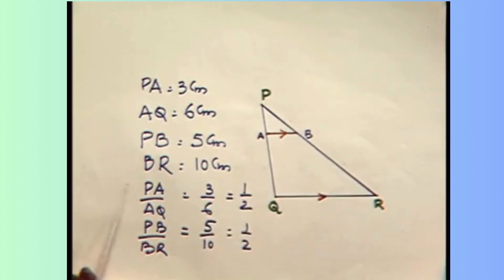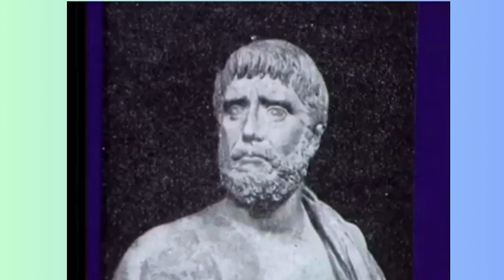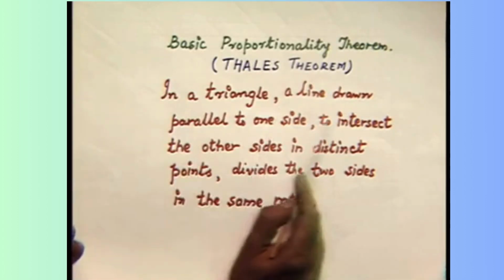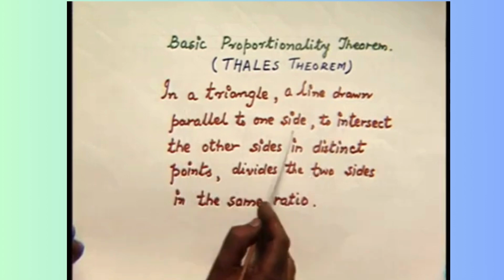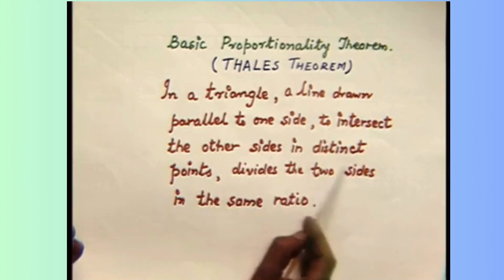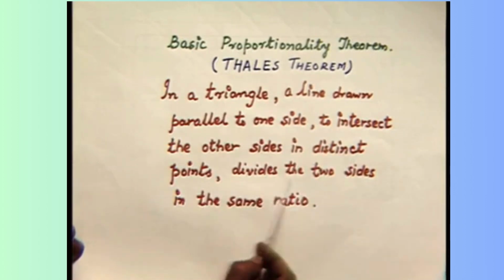Now, this result was established by the Greek mathematician Thales, and this theorem states: in a triangle, a line drawn parallel to one side to intersect the other sides in distinct points divides the two sides in the same ratio. So, let us take a triangle and prove the Thales theorem in a formal way.